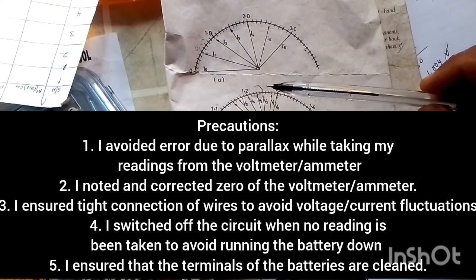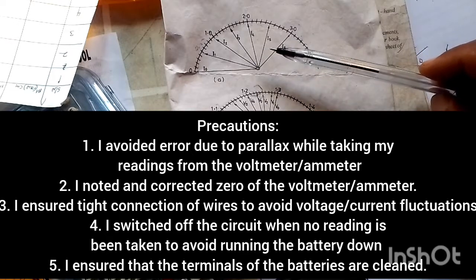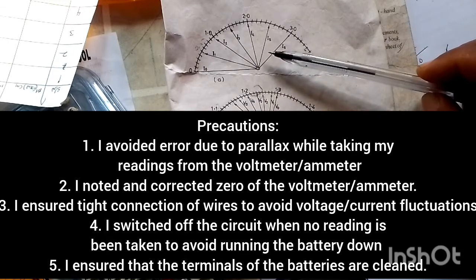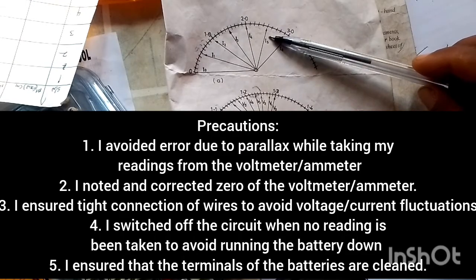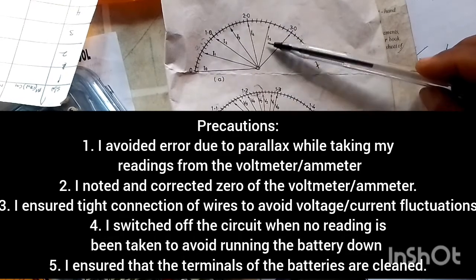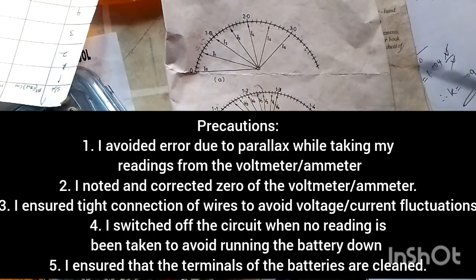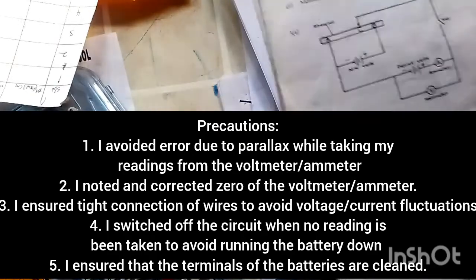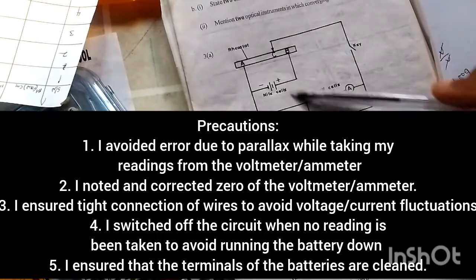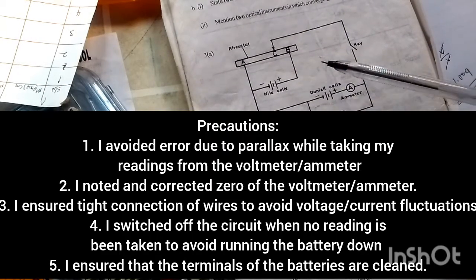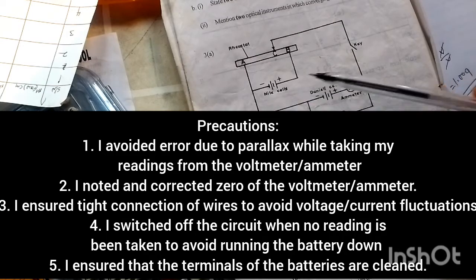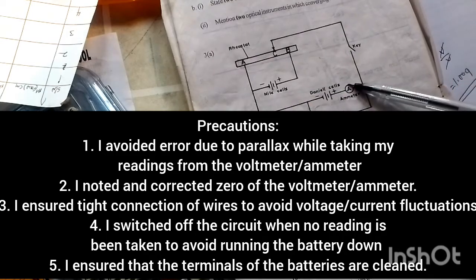Number 2, I noted and corrected zero error of either the voltmeter or the ammeter. Now, the next one is this connection. In this connection, you need tight connection of this wire. And why do we ensure tight connection of wires? This one is for voltage, this one is for current.